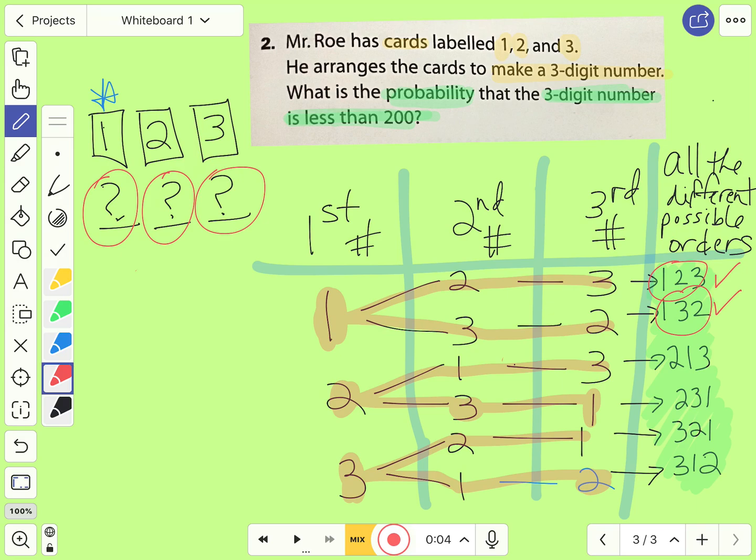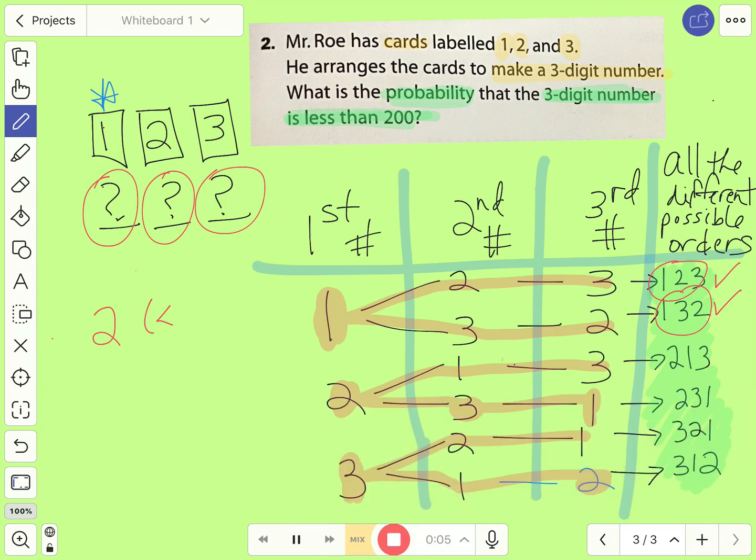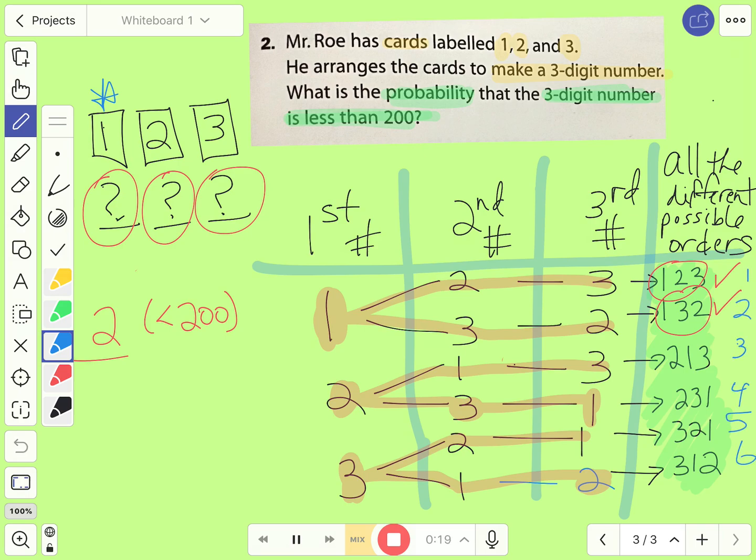What is the probability that the 3-digit number is less than 200? Well, there are two of them. 2 are less than 200, out of a total of, let me number those, 1, 2, 3, 4, 5, 6 different combinations.